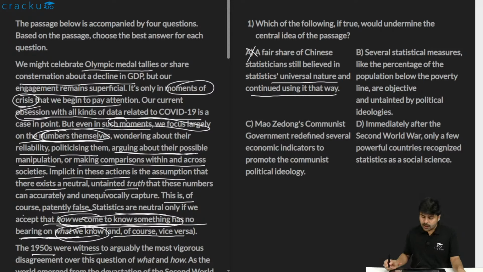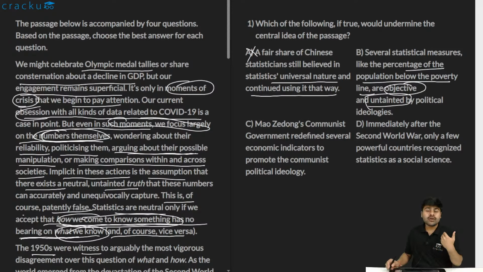Option B says several statistical measures like the percentage of the population below the poverty line are objective and untainted by political ideologies. Now this goes against the passage. The passage clearly says that statistics is always subjective. It depends on who is gathering the data and who is using that data for their own incentives, right?